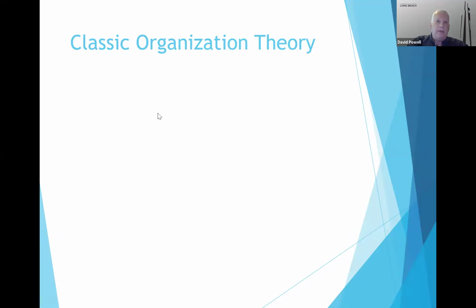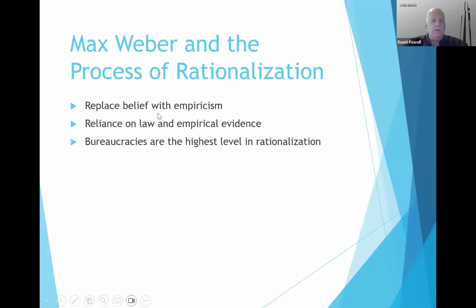When you talk classical school, you're always going to start with Max Weber. You read about Max Weber in 500, and you had a reading on him for our class tonight, so you're probably already somewhat familiar with him. Max Weber approaches developing organization theories from a couple of different backgrounds.